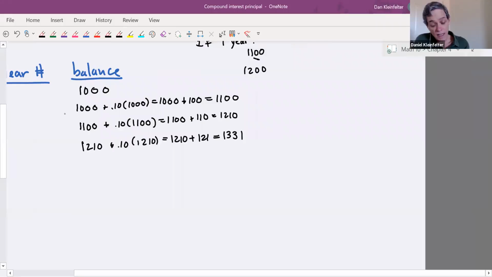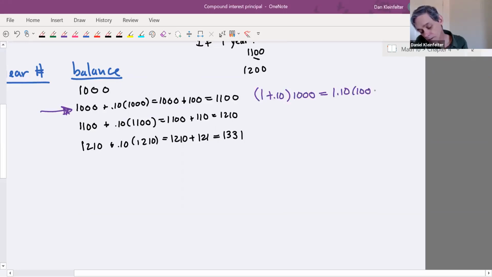So coming back up to our first row, we had 1,000 plus 10% of 1,000. We could look at that as 1 plus 0.10 multiplied by 1,000. And that's 1.10 times 1,000. Okay, and then in the second row, we have 1,100 times 1 plus 0.10.